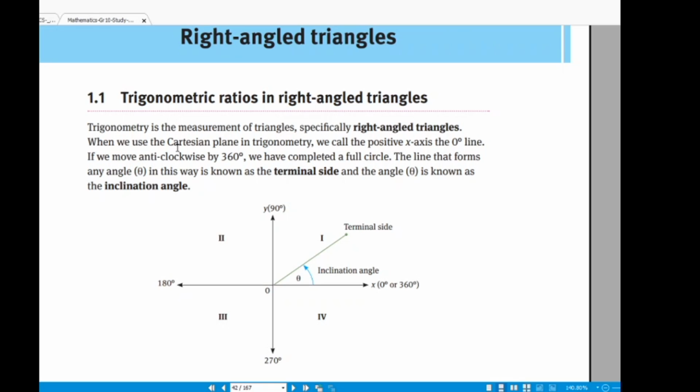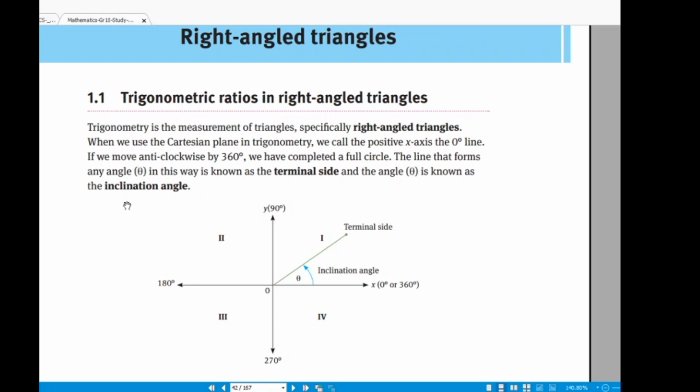We can use the Cartesian plane in trigonometry. When we use the Cartesian plane in trigonometry, we call the positive x-axis the 0 degree line. If we rotate anti-clockwise by 360 degrees from this 0 degree line, we have completed a full circle.